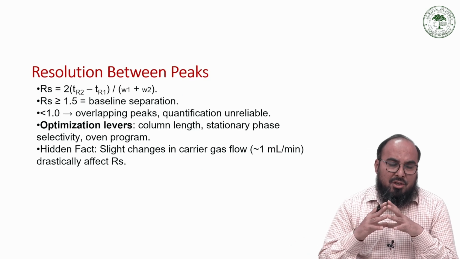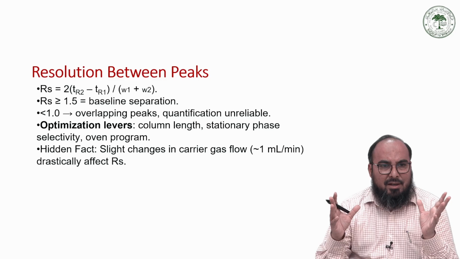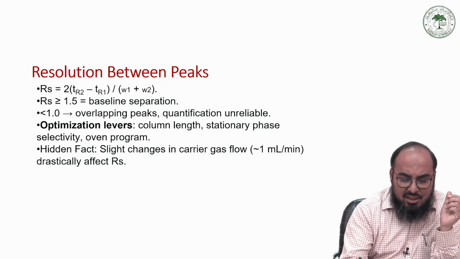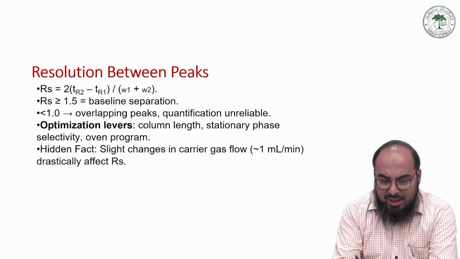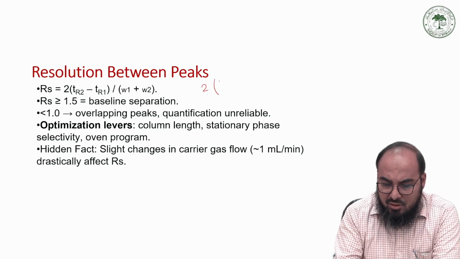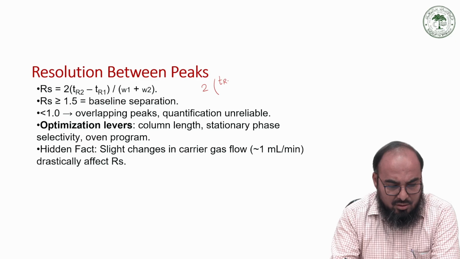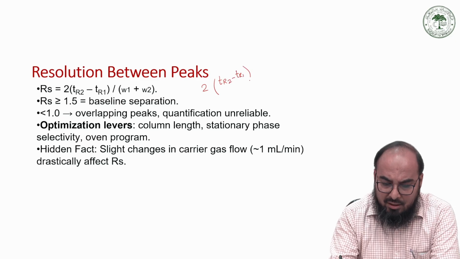Similarly, resolution. That is the most important aspect. So we have already discussed this. Resolution may be defined, for a two-component system, as twice of TR2 minus TR1 upon W1 plus W2.